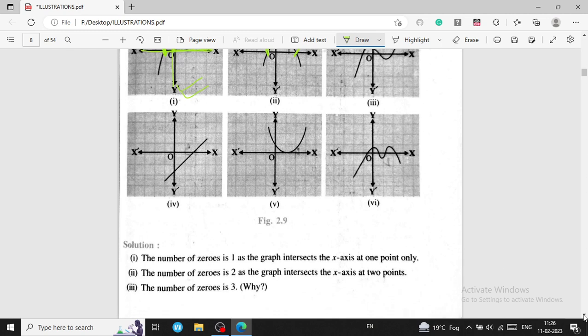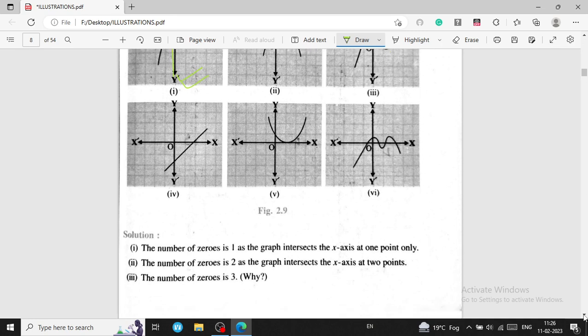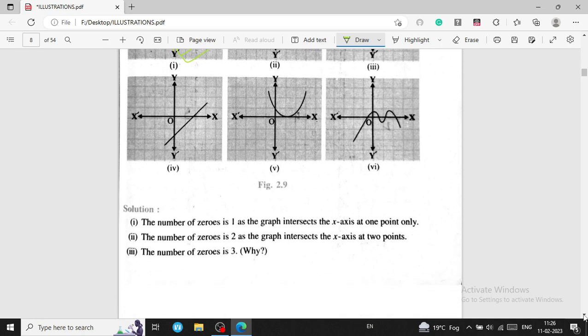And in figure 3 you can see 1, 2, 3 points on the x-axis, and here you can see 1, 2, 3, 4. If you want to find the number of zeros, we find where the graph intersects the x-axis, and we find these numbers.